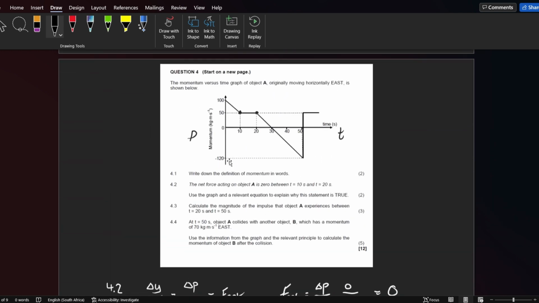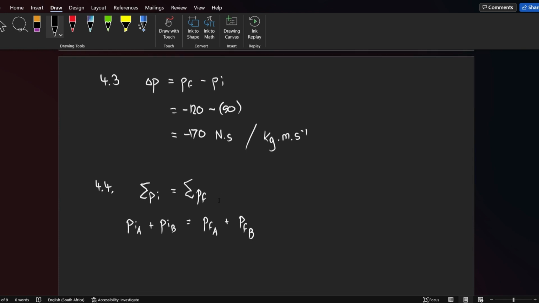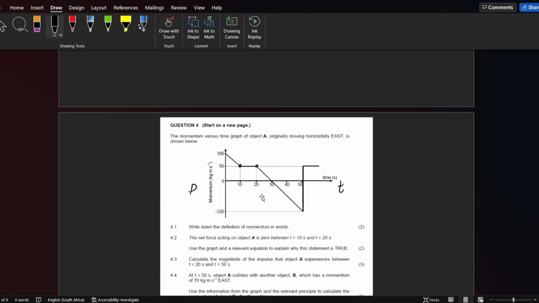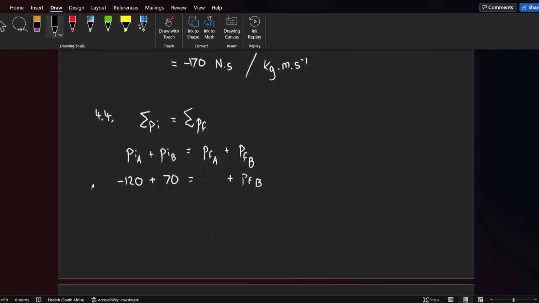The initial momentum of object A is negative 120, and they give us the initial momentum of object B to be 70. So we can fill that in. Negative 120 plus 70 equals, and we don't have the final momentum of object B because that is what we are trying to solve, and our final momentum of object A is 50 kg meters per second.